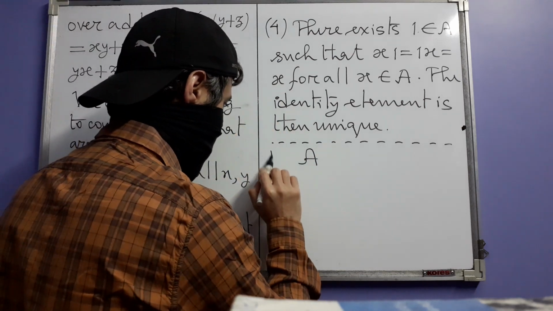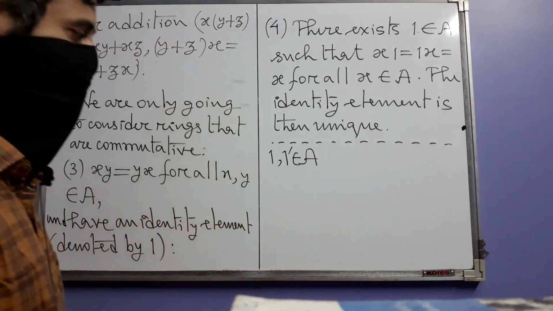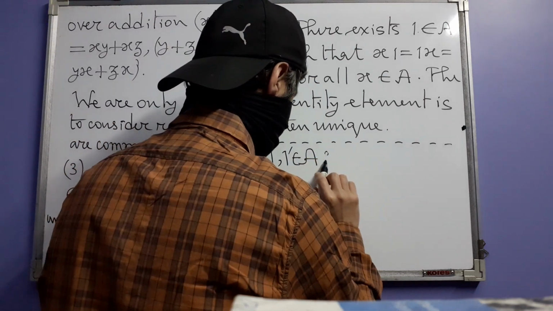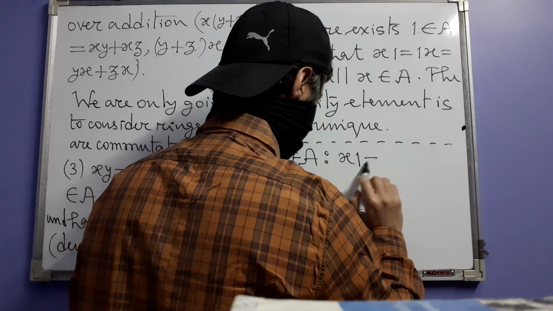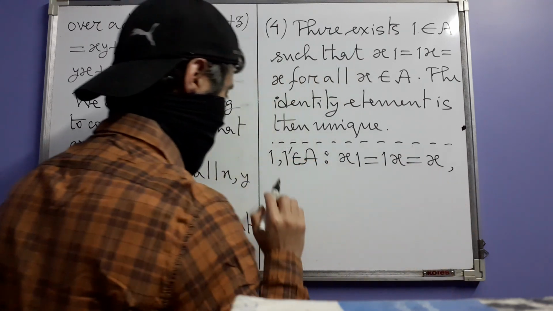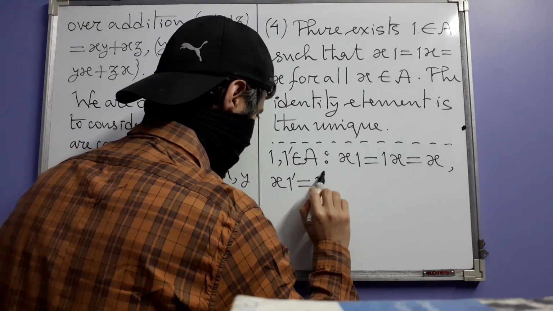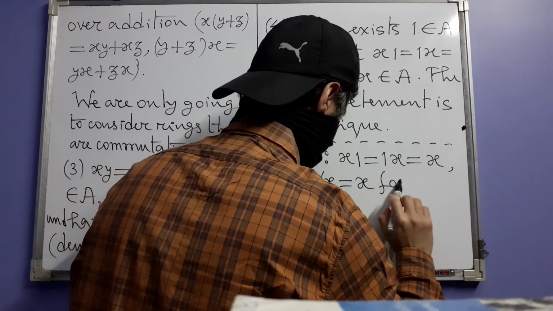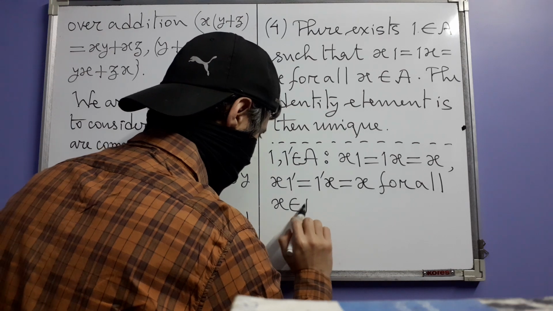One of them is 1 and the other one is 1 prime, because both of them are identity elements. So for both of them, this condition is going to be true, that is x1 equals 1x, which equals x, and also x1 prime equals 1 prime x, which equals x, for all x belonging to A.